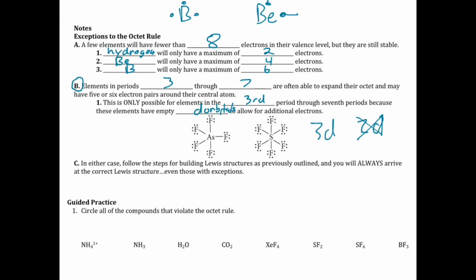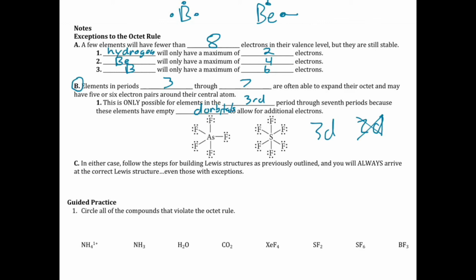The reason is that those orbitals provide a location for those extra electrons to go. When you are building these structures, the same rules apply. If something is clearly making more bonds than it should, you need to force the bond and count the electrons.